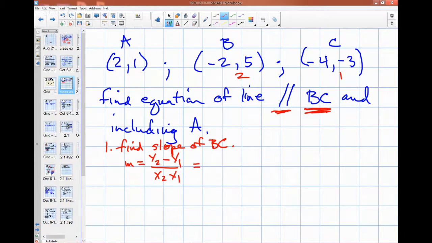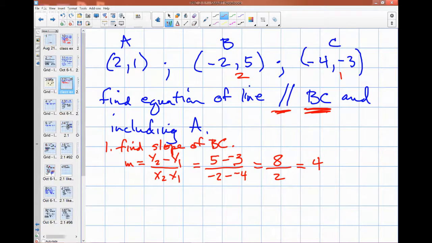Okay, y2 is 5 minus y1 is -3. x2 is -2 minus x1 is -4. Got all kinds of signs there. We get an 8 on top, and we get what? A 2 on the bottom, right? -2 plus a +4 is 2. Slope here appears to be 4.